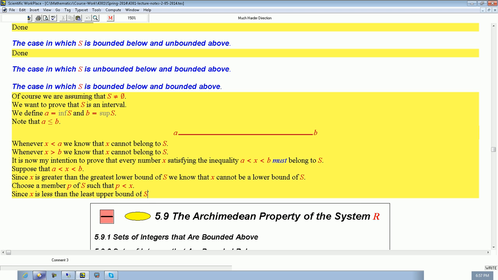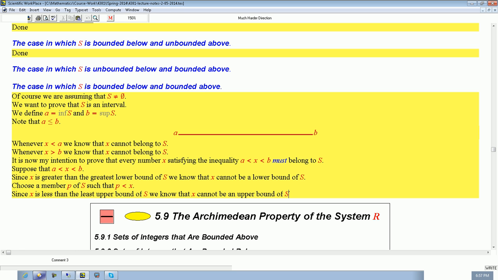We know that X cannot be an upper bound of S. Being less than the least upper bound, it's not an upper bound, okay?